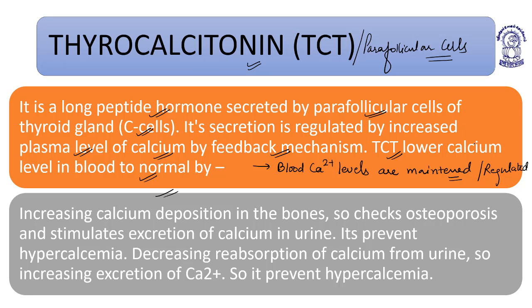So thyrocalcitonin secreted from parafollicular cells helps to regulate the increased plasma level of calcium by making the free blood calcium deposit on the bones. So it increases the calcium deposition of bones, so it checks osteoporosis. So it is known as what? Anti-osteoporotic.